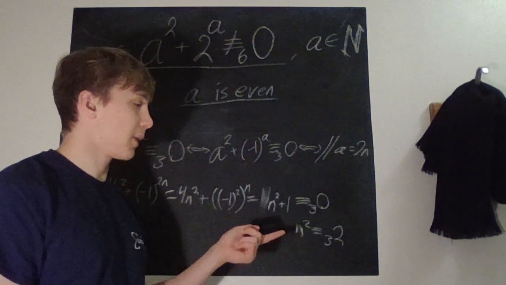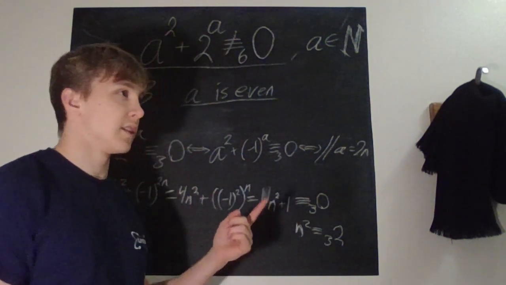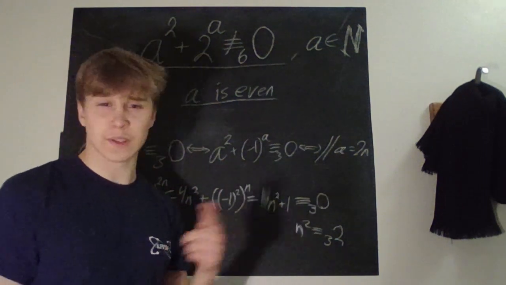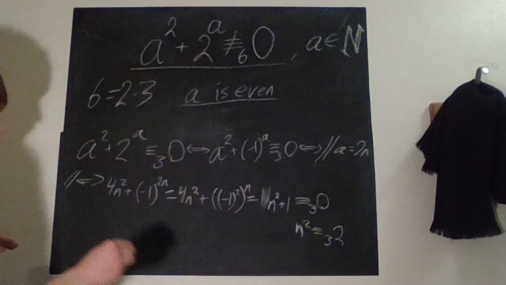And then the pattern repeats. 5 squared is 25, also equal to 1 modulo 3. So it seems we never get a 2, but we can prove this mathematically, of course.